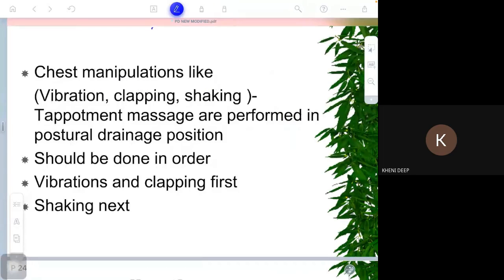Vibration and clapping should be performed first, and shaking should be performed last. Clear? So this is the sequence. You have to follow this sequence. I'll tell why this sequence should be followed in the later part of the lecture. First vibration, next clapping, and third is shaking.